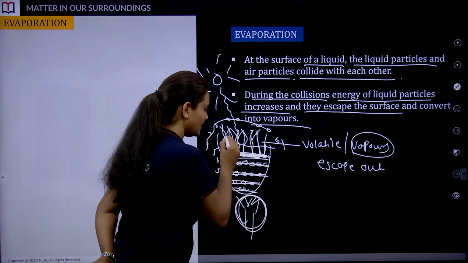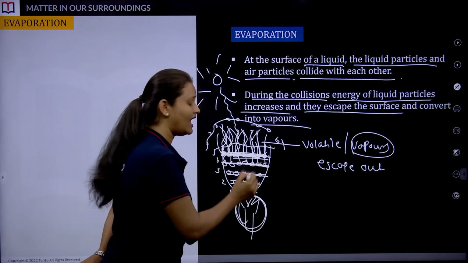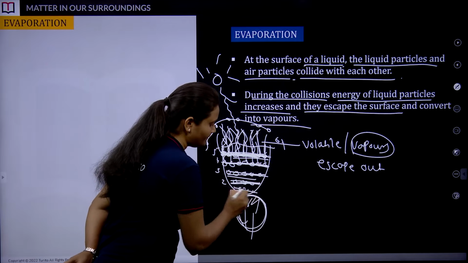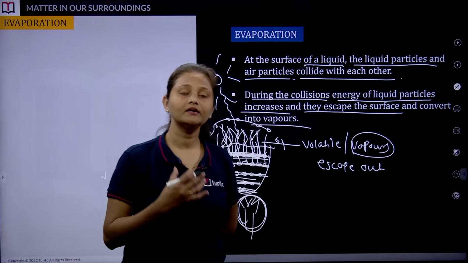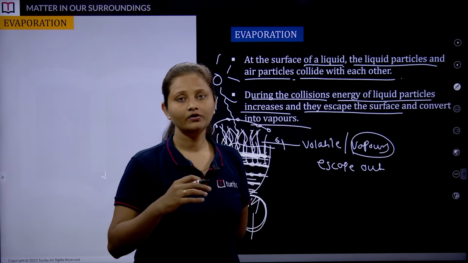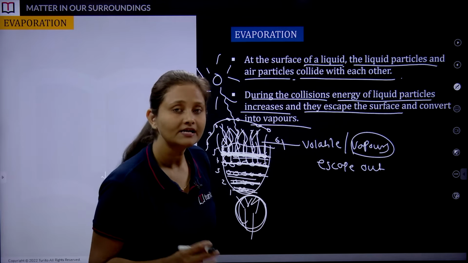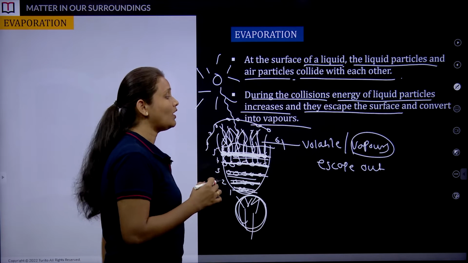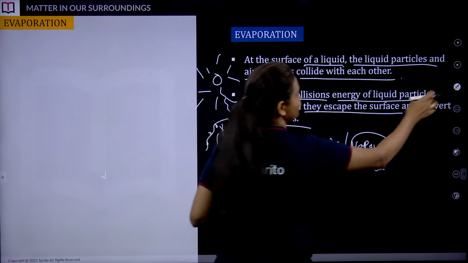So this happens again, this surface is getting evaporated, and likewise slowly, stepwise, each and every layer is going to get evaporated. The molecules which are present there are going to evaporate one by one. So that's how we are saying it's a surface phenomenon. So this is evaporation for you all, students. I hope you all are able to get it.